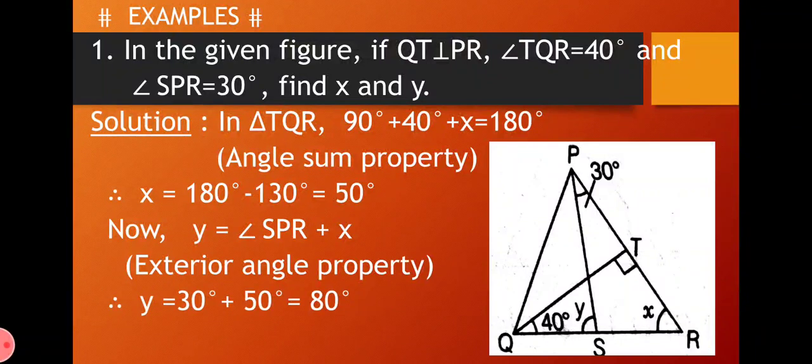Putting the value of X, we get Y equal to 30 degree, because already angle SPR value is given as 30 degree in the question itself, plus ahead only we have found the value of X, that is 50 degree. So 30 degree plus 50 degree equal to 80 degree. Hence value of X will be 50 degree and value of Y will be 80 degree.